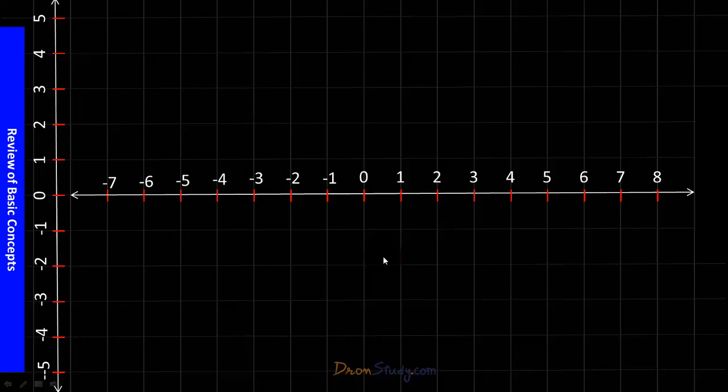Now we will see what is the Cartesian system, what is the x-axis, what is the y-axis, what are the x coordinates and y coordinates, how to plot the points, what are quadrants.